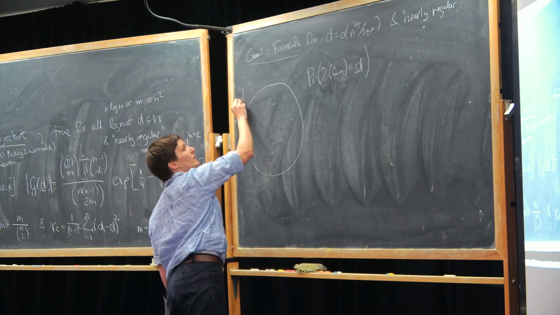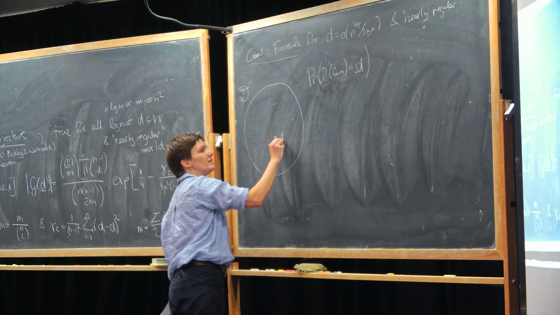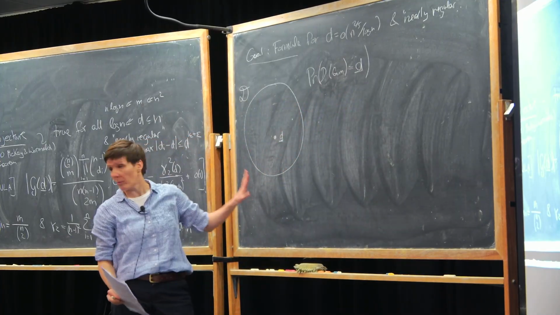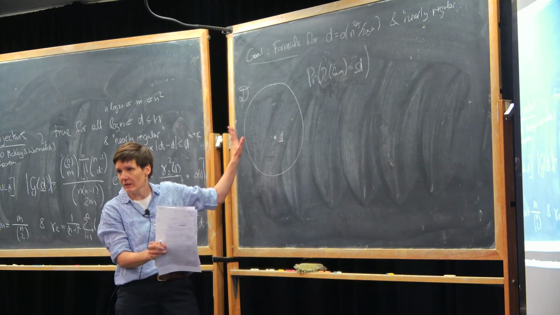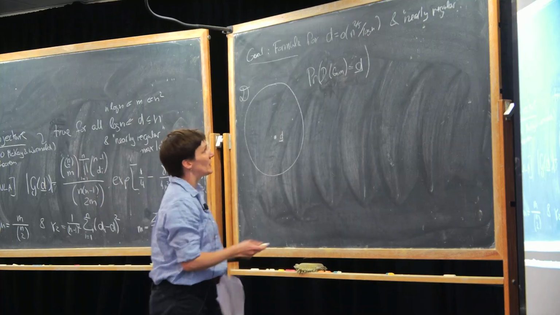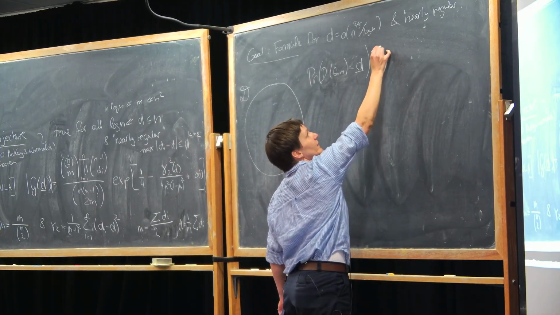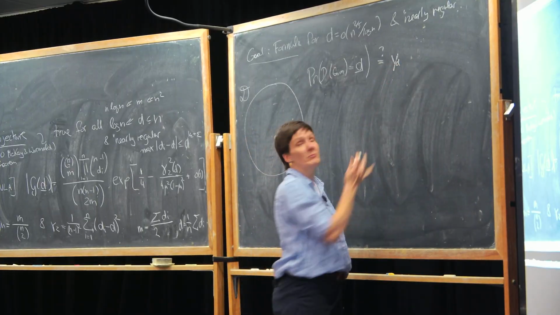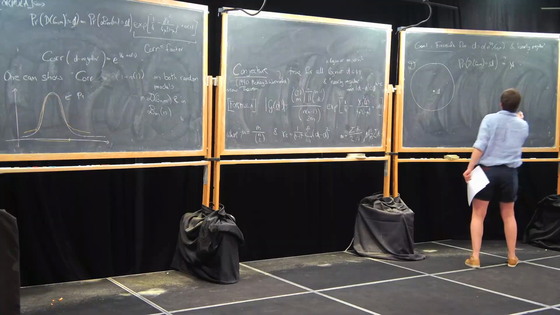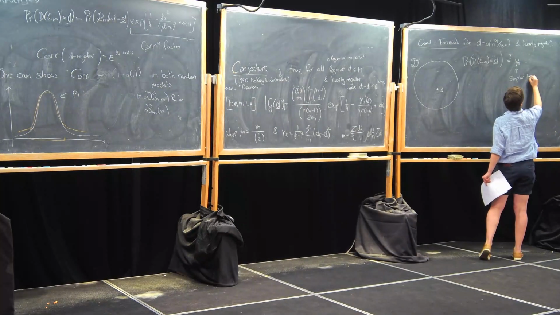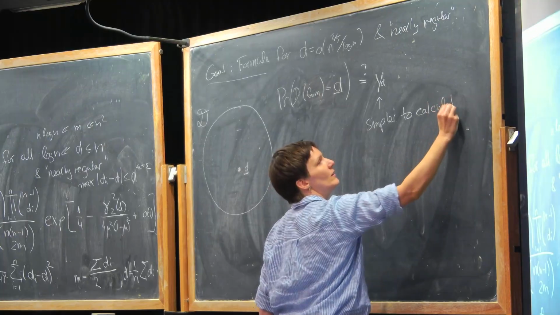So suppose I have here a set D of degree sequences. Then this defines a probability distribution on the set D. And what this probabilistic formula says is that I would like to approximate this by some other probability measure, a simpler to calculate probability.